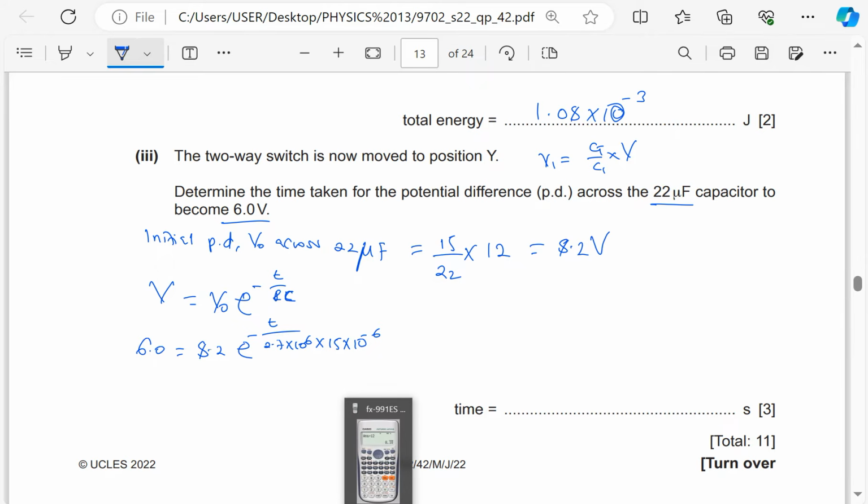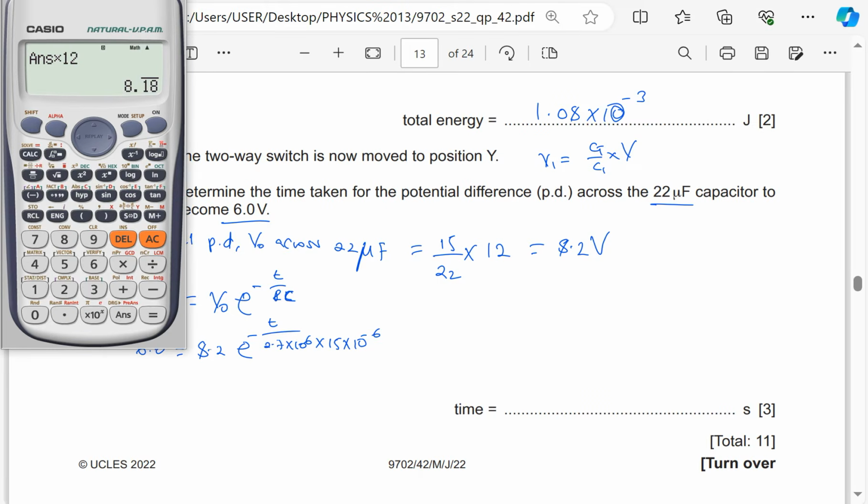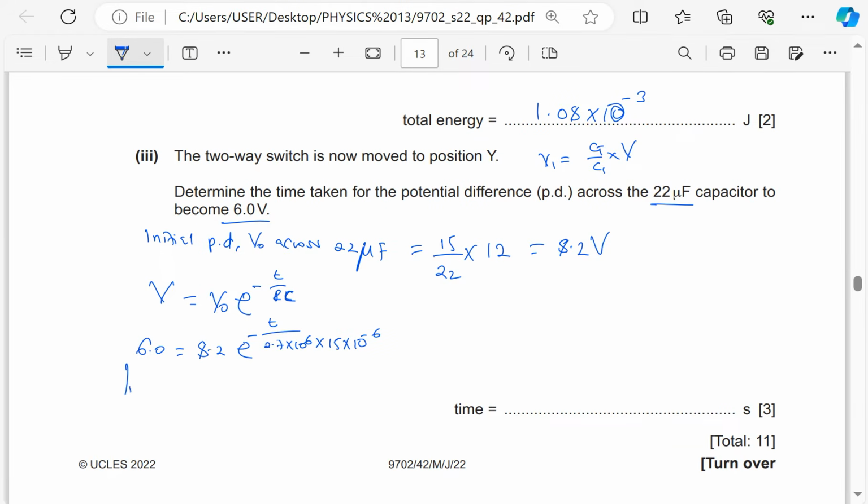I'm trying to find t, so I'm going to introduce ln. ln of 6.0 divided by 8.2 is equal to the power, negative t divided by 2.7 times 10 to the power of 6 times 15 times 10 to the power of minus 6. The 6 and minus 6 cancel.